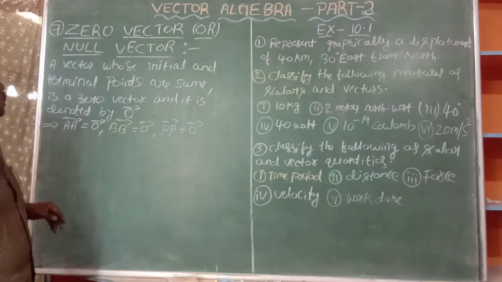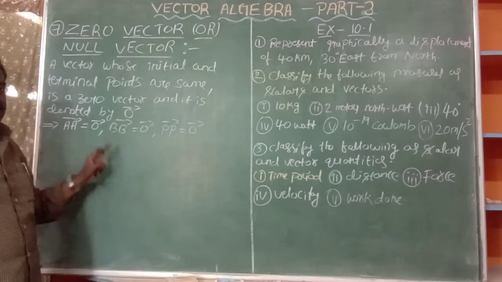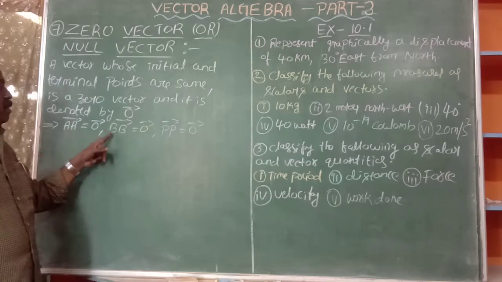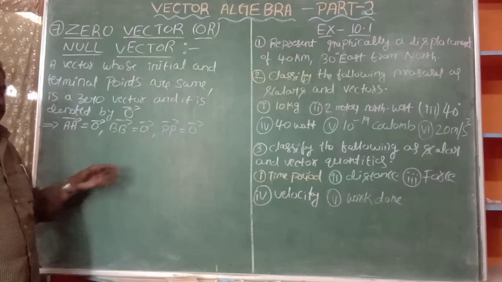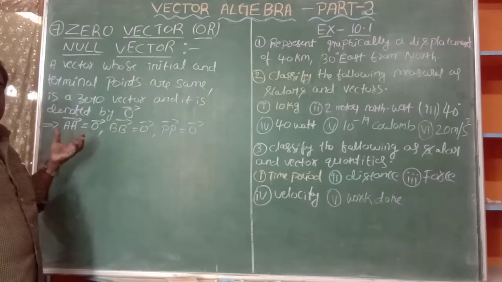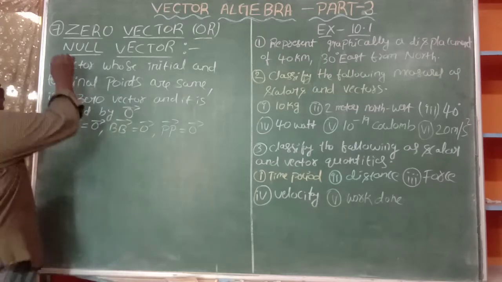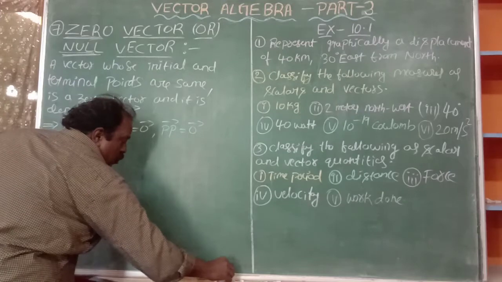That is AA bar, BB bar, PP bar, CC bar, DD bar. Here A is the terminal point as well as the initial point. In BB bar, B is the initial point as well as the terminal point. PP bar. Then it is called a zero vector or null vector. We may call it both ways.